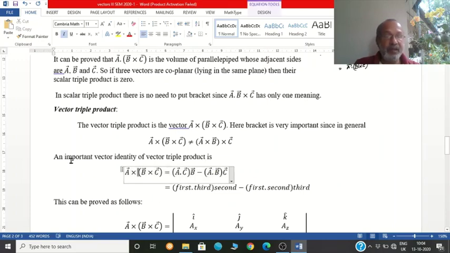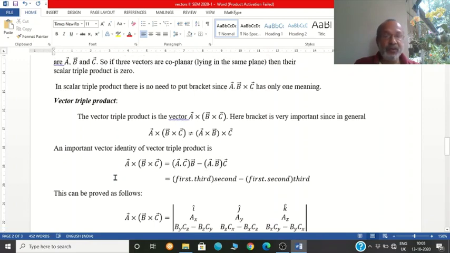There is an important vector identity for this vector triple product, and that is extensively used in physics also.